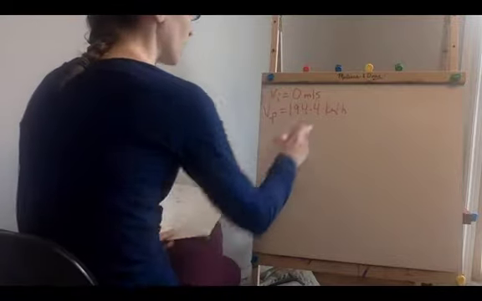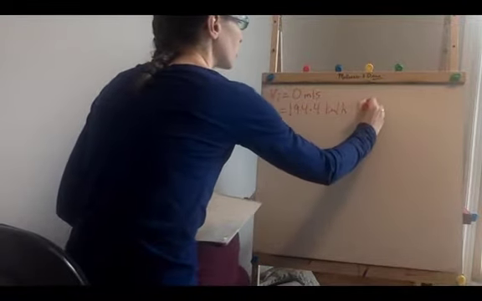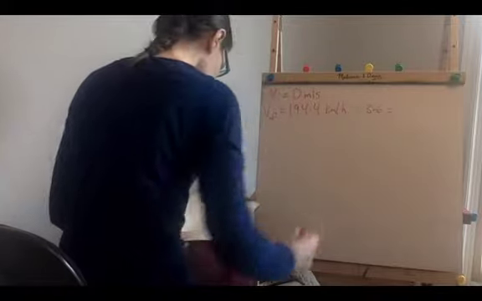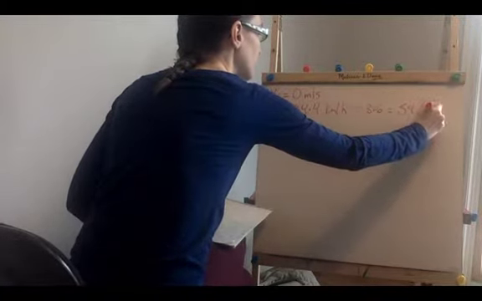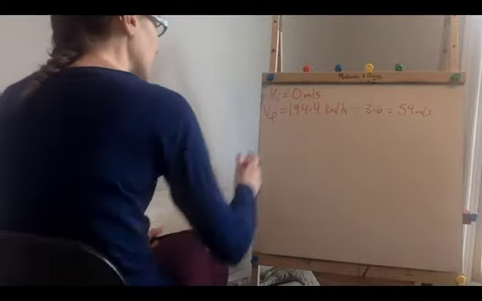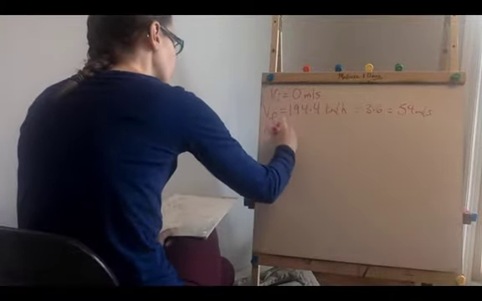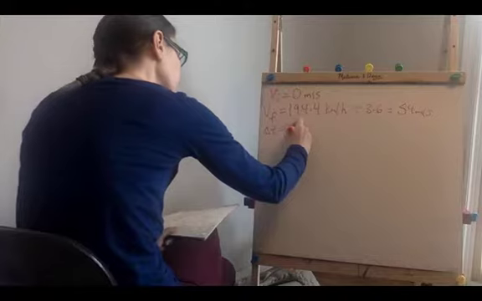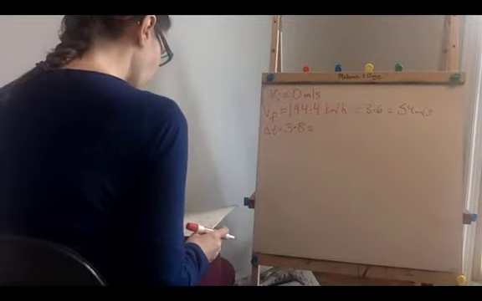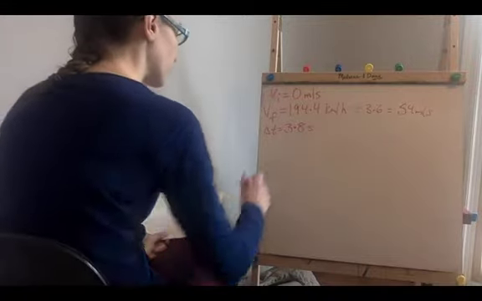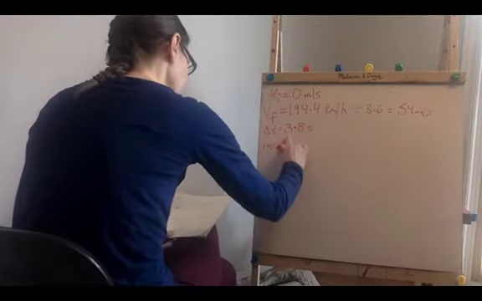Remember, going from kilometers per hour to meters per second, we just divide by 3.6. That gives us exactly 54 meters per second. It says that it does this over a period of time of 3.8 seconds.